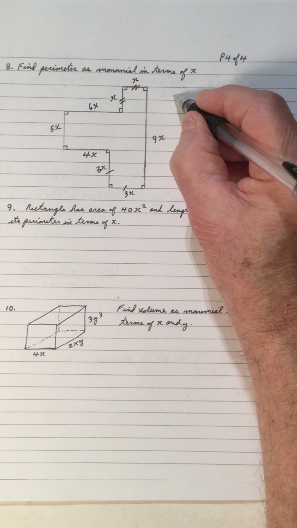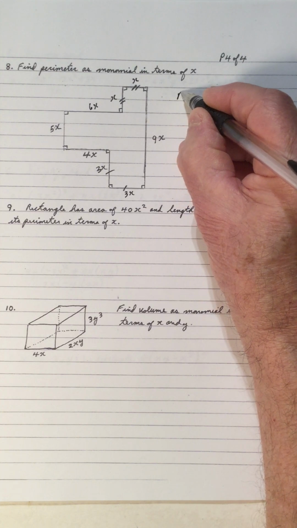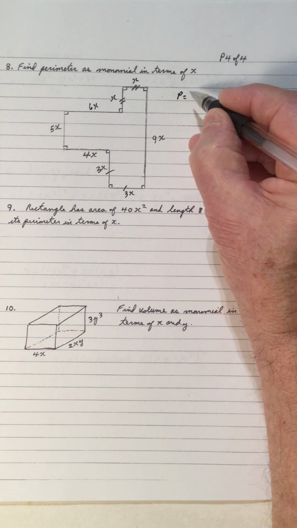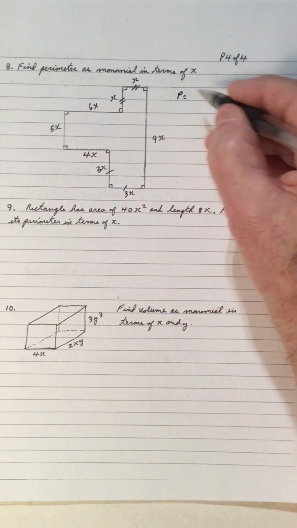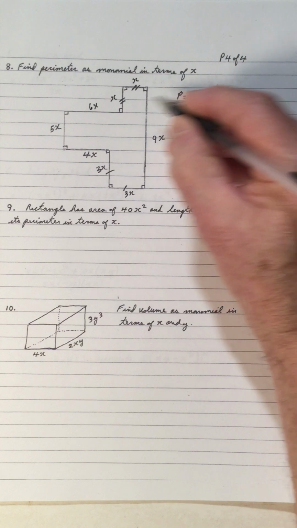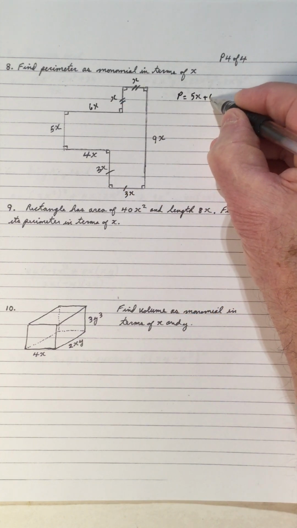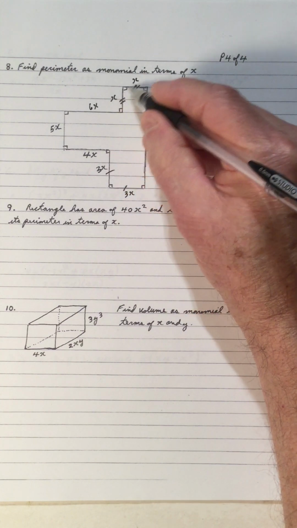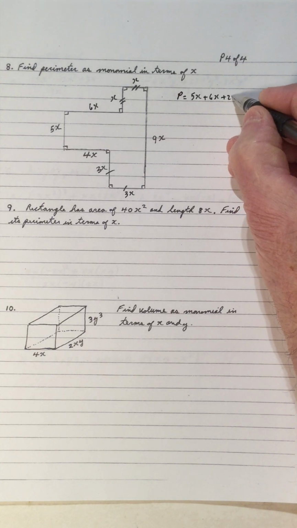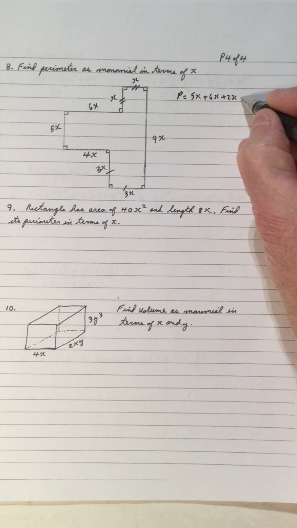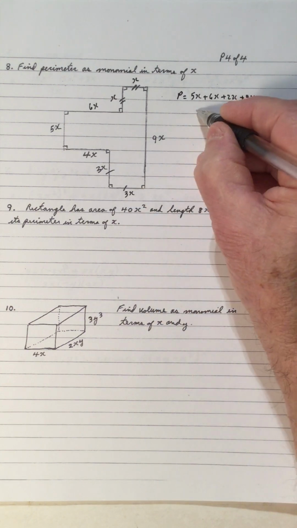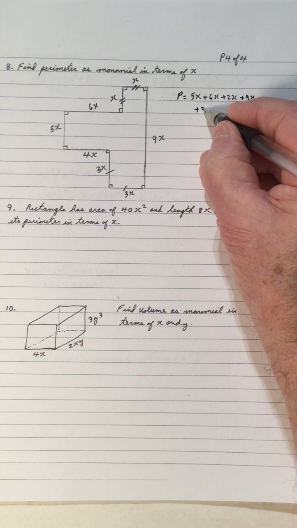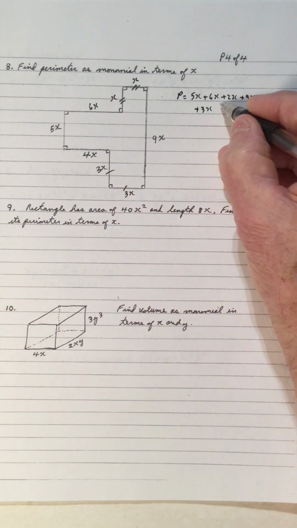Hopefully you understand. So what's the perimeter? The perimeter is the sum of all these. So let's go 5x right here, 6x. Now there's x and x, so let's make that a 2x. There's 9x. That's 3x. That's a 3x.